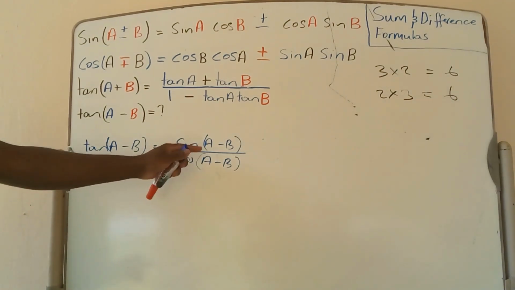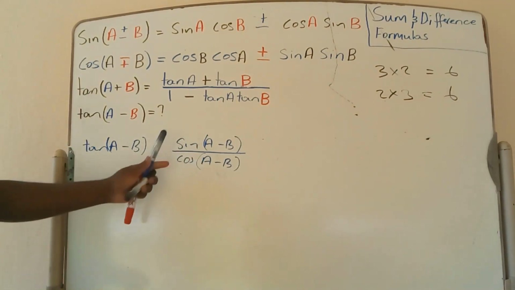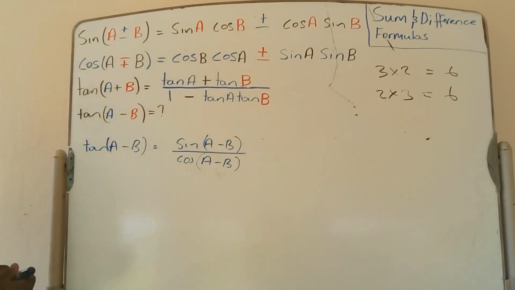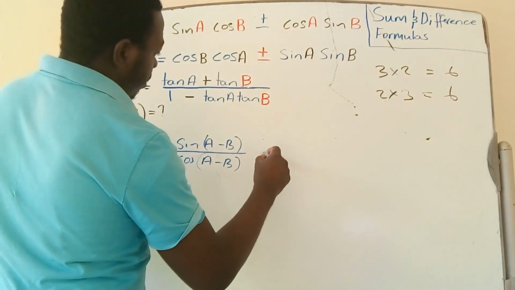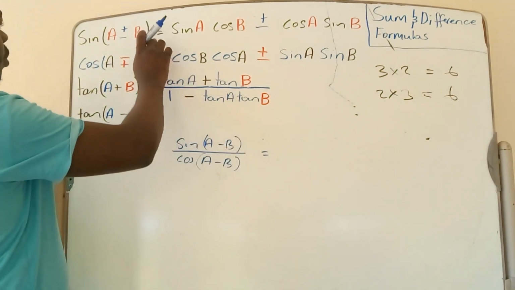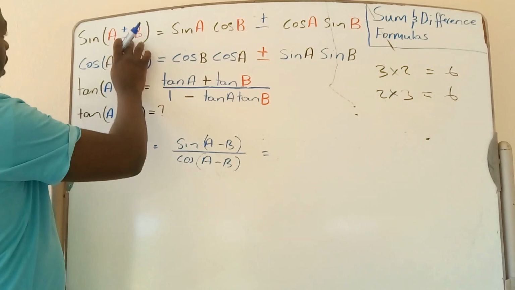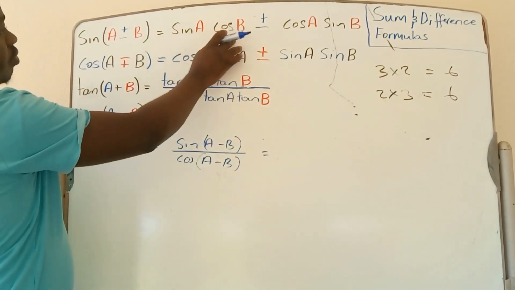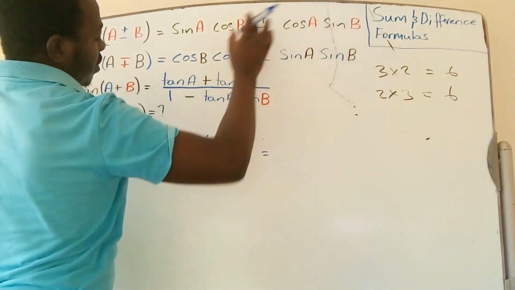So this is equal to this. But can we expand this using the difference formula? Yes, we can. If we use the difference formula for sine A minus B, what would we get? Look up here. This is the difference formula. Sine A minus B gives us sine A cos B minus cos A sine B.